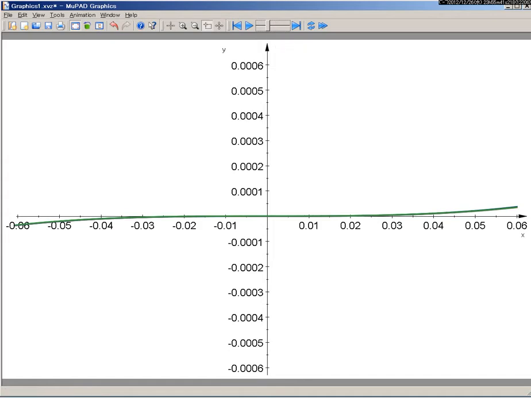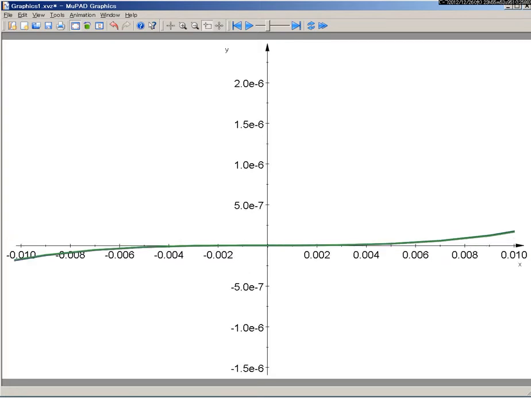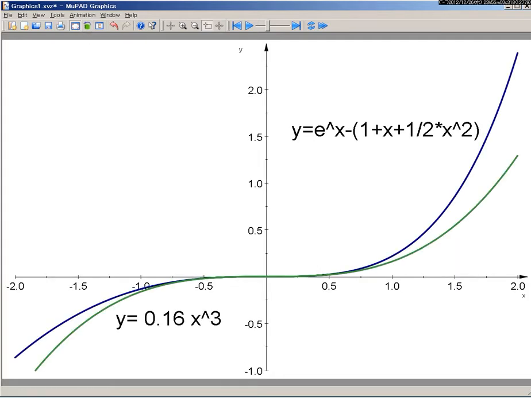And once they look identical, even if you magnify more, they look identical. Okay, let's check the number of a. The number is 0.16, nearly 1/6.